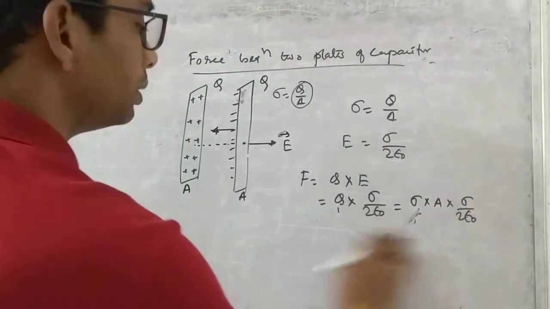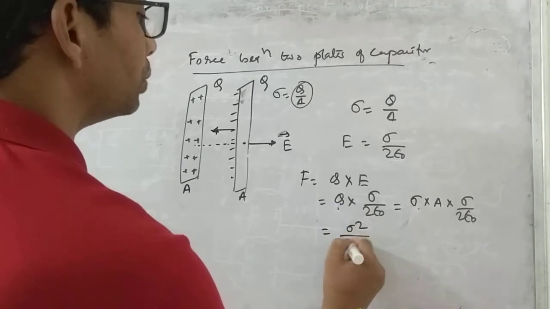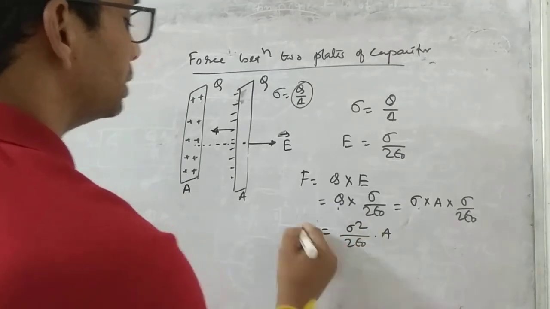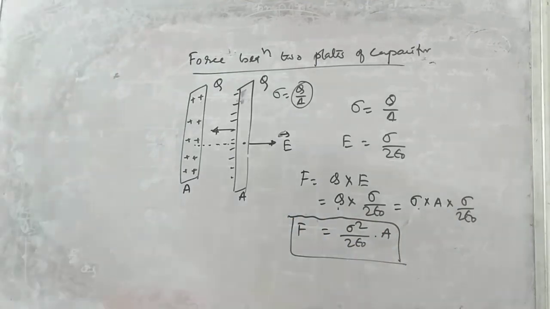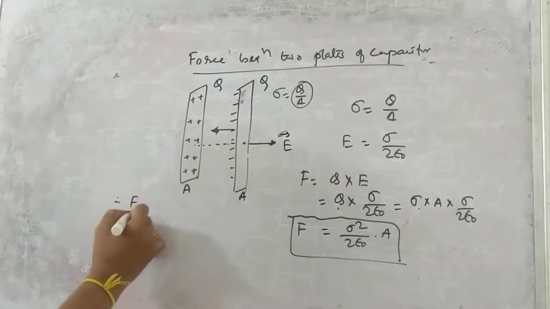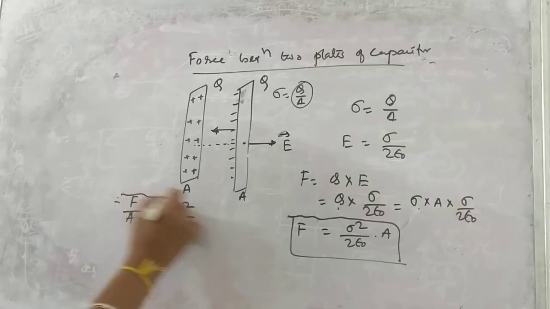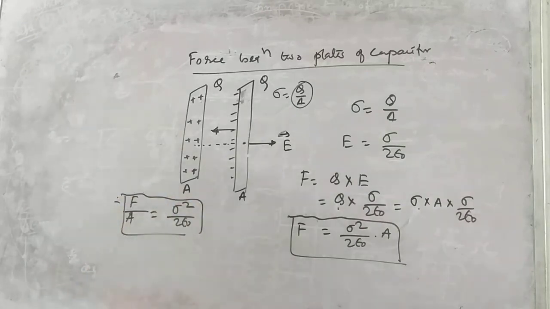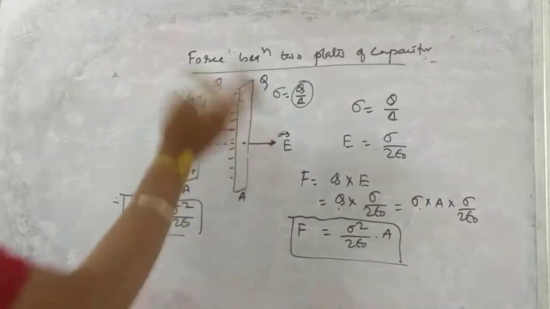Then what will be the expression? The expression is sigma square by 2 epsilon naught into A. This is our force. Therefore the force per unit area is sigma square by 2 epsilon naught. This is the force acting per unit area on the negative plate.